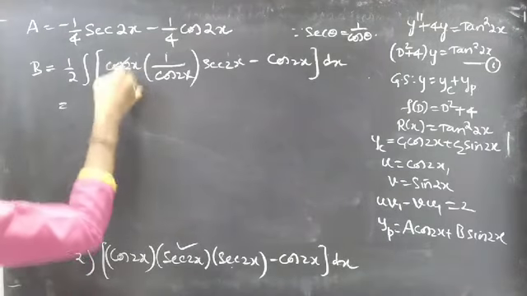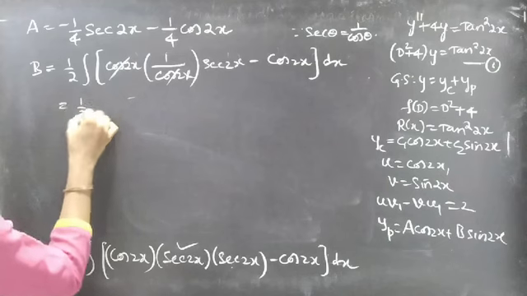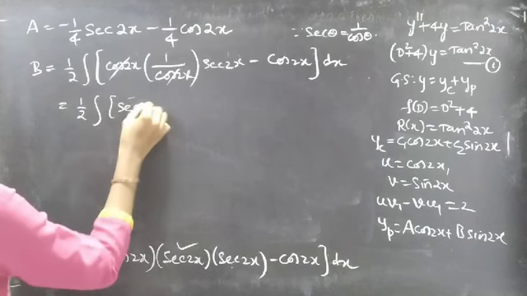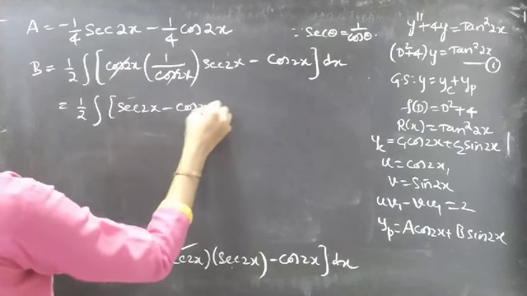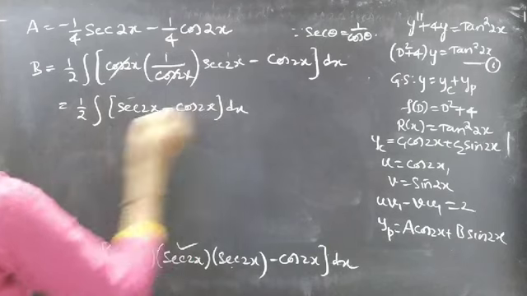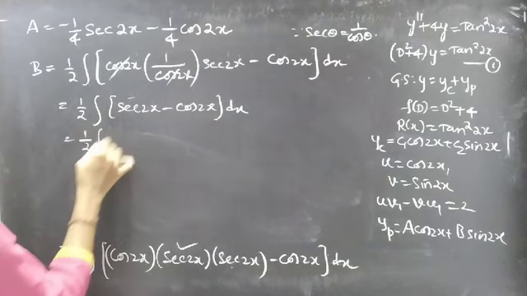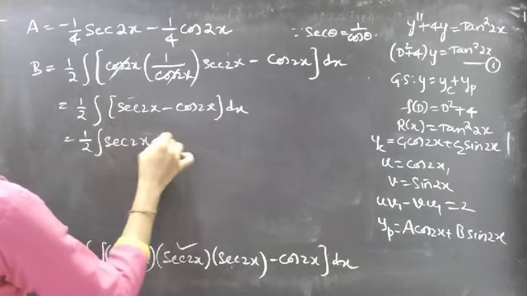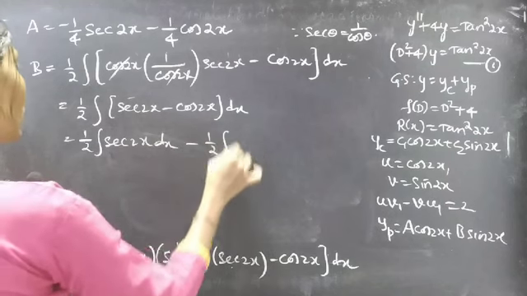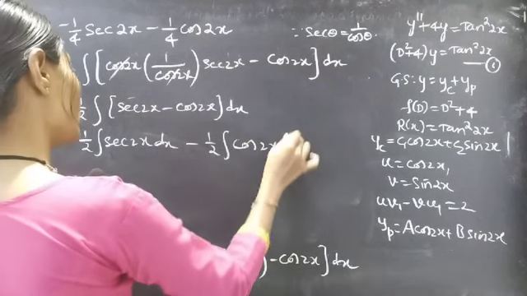Here cos 2x gets cancelled and we'll get 1 by 2 integral of secant 2x minus cos 2x into dx, which is equal to 1 by 2 integral secant 2x dx minus 1 by 2 integral cos 2x dx.